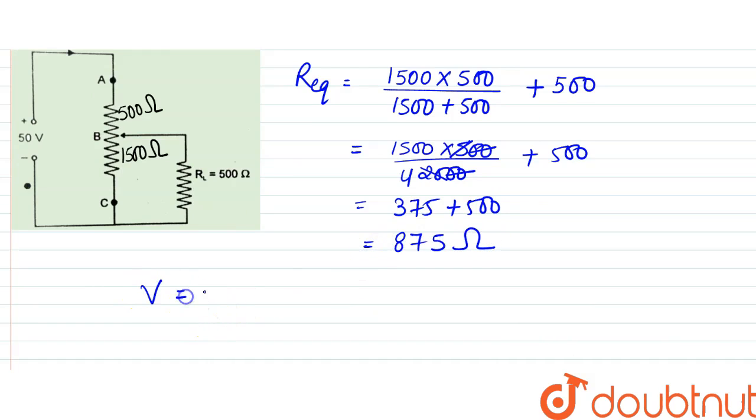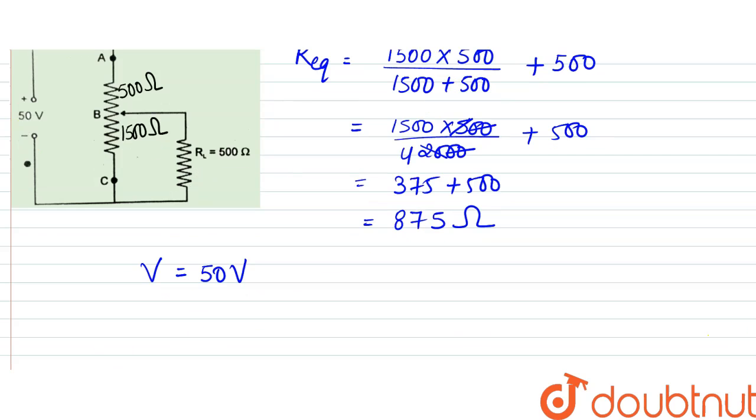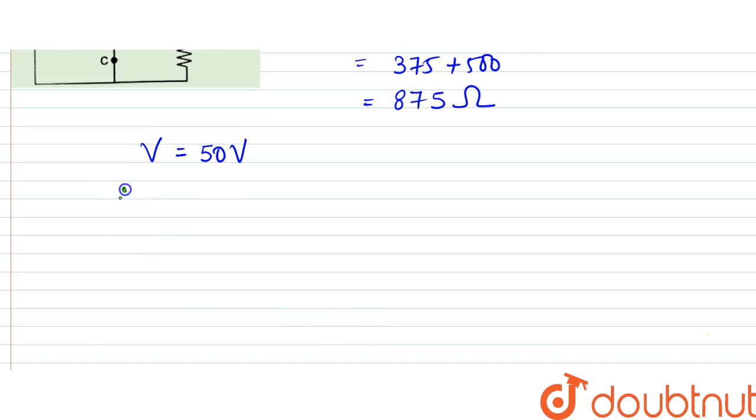Since the voltage is 50 volt, therefore the current in the circuit would be equal to V by R according to Ohm's law. That is 50 by 875, so 50 divided by 875 would be equal to 2 by 35 amperes.